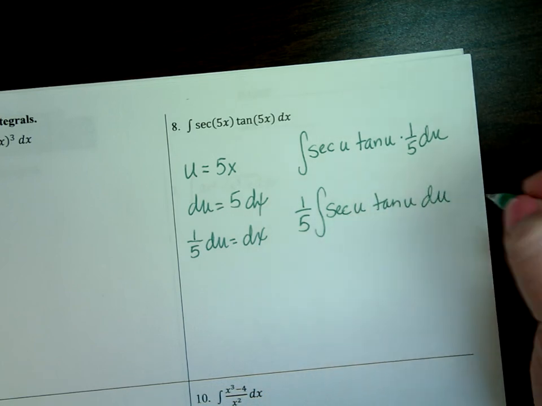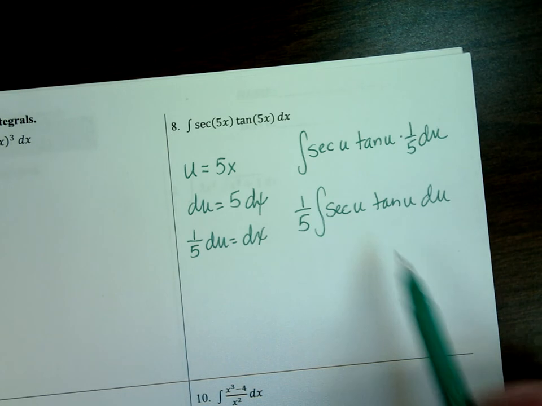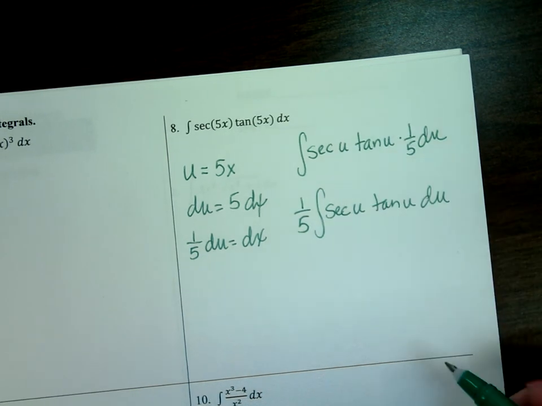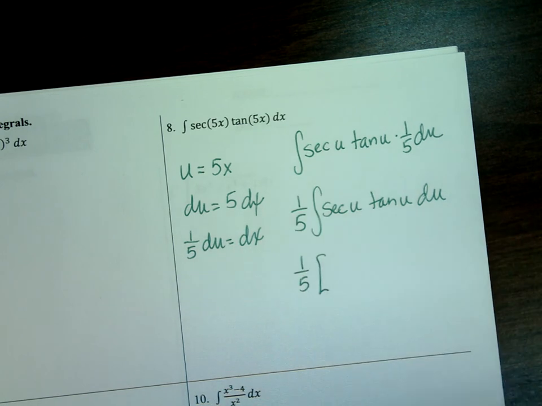And then you've got to think, oh my goodness, whose trig? Now, can you remember without going to your cards? Any guesses as to what the integral of secant u, tangent u is? In other words, whose derivative is secant u, tangent u? Oh, good guess.